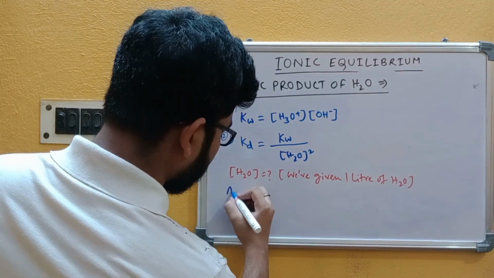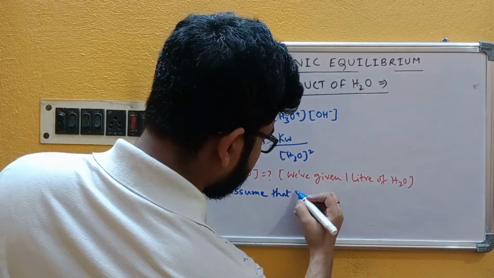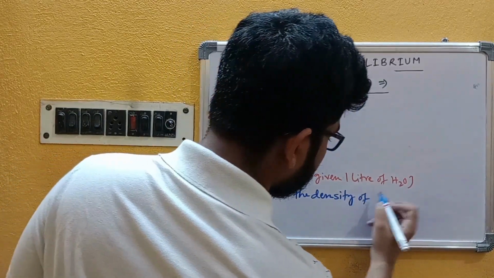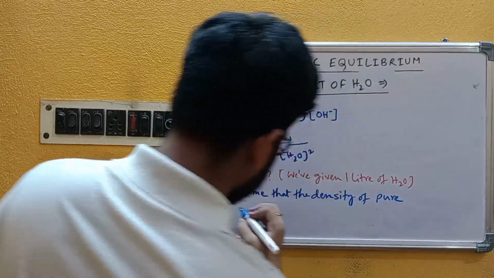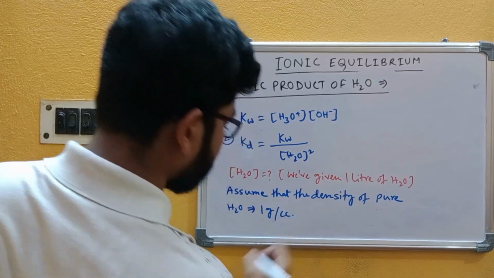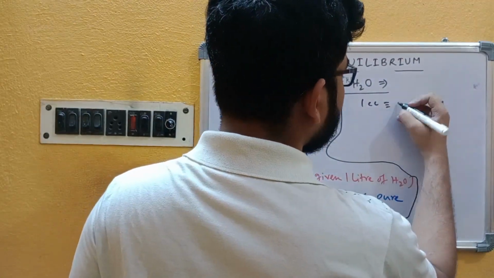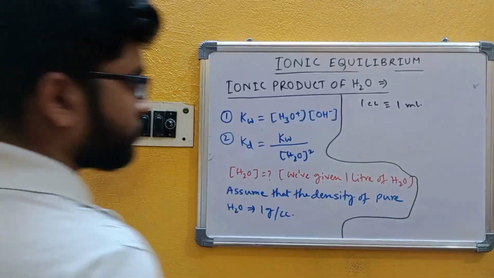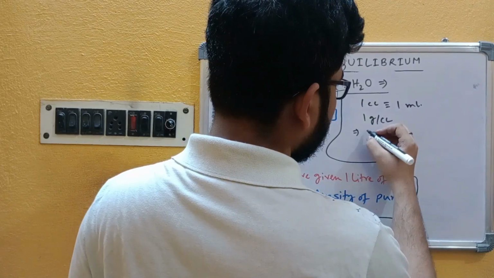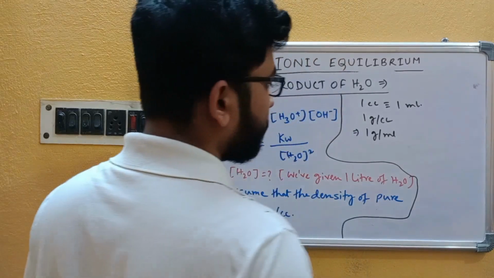To find that, we have to assume that the density of pure water is 1 gram per cc. We all know that 1 cc is nothing but 1 ml. Density of water is 1 gram per cc, so it can be written as 1 gram per ml, as 1 cc is equivalent to 1 ml.